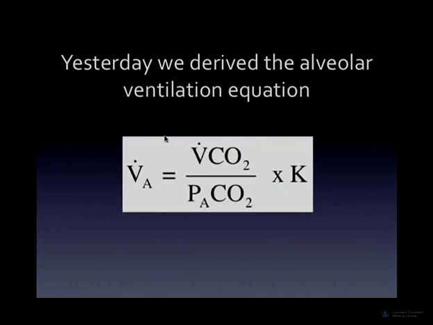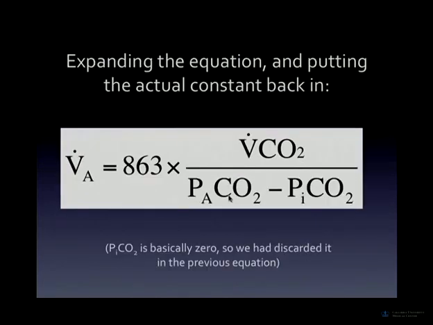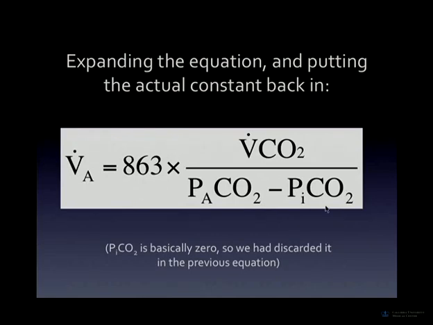So yesterday, we spent a lot of time and we derived this alveolar ventilation equation. And we learned that alveolar ventilation is inversely proportional to PaCO2. The denominator of that equation should really be the partial pressure of alveolar carbon dioxide minus the partial pressure of carbon dioxide in the inspired gas, so the gas that was already there and not brought in by gas transfer across the blood-gas barrier.